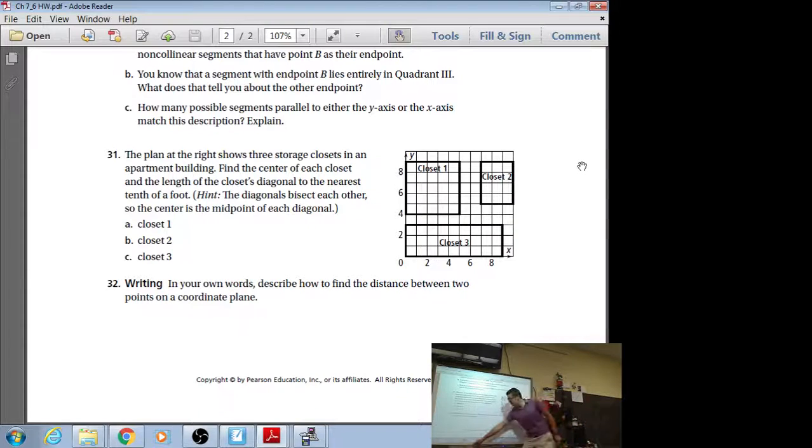So I could use this value of 0.9 and this value of 5.4, and find the midpoint between the two of them, and that's the center of the closet. Because people had asked me about that, I thought I would touch on that really quick. Just finding midpoints of rectangles. Or middles, not just midpoints.